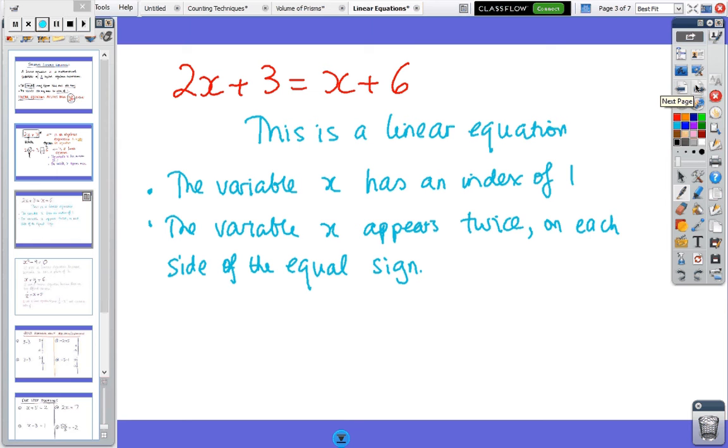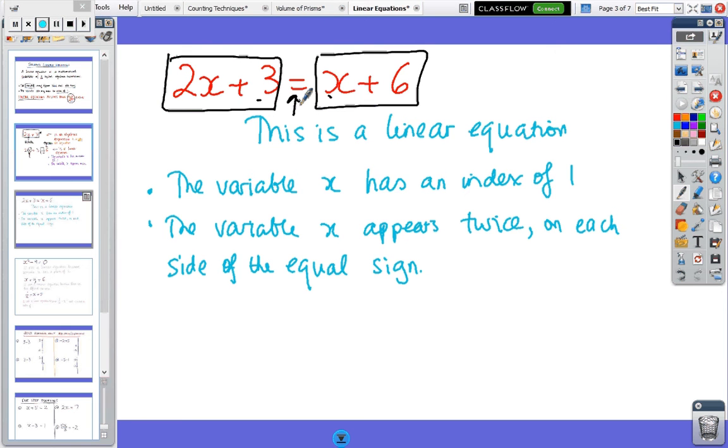So if I have 2x plus 3 equals x plus 6, I have one expression and I have another expression, so I have two expressions separated by an equal sign, so I have a linear equation. The variable x has an index of 1, there's a 1 that you don't have to write in, and it appears twice. You can appear more than one time.